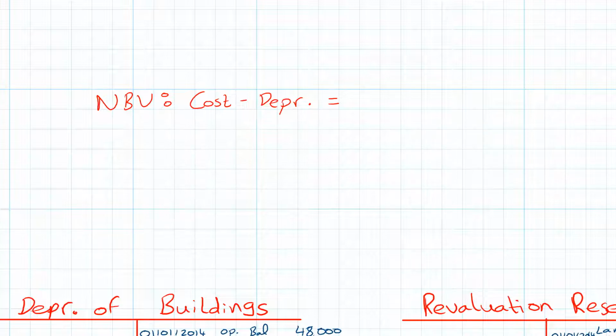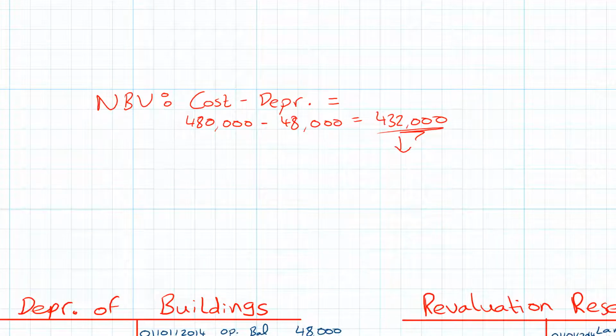So everything was 480 minus 48,000. So 432,000. So they're basically only worth 432,000, but we are revaluing them to 620,000.